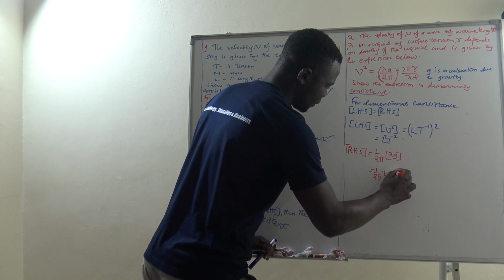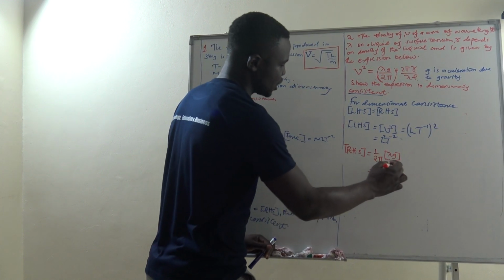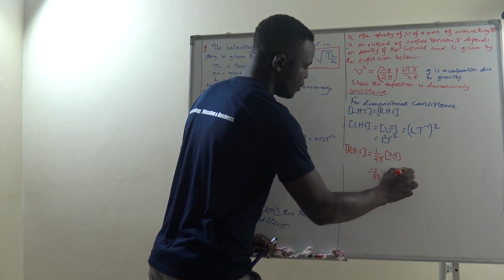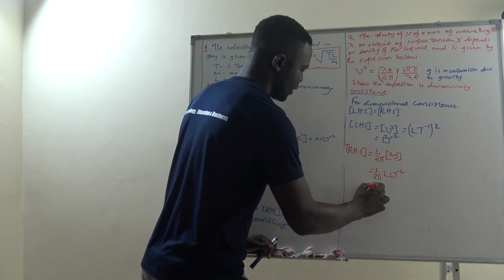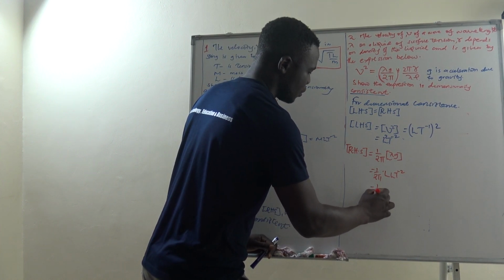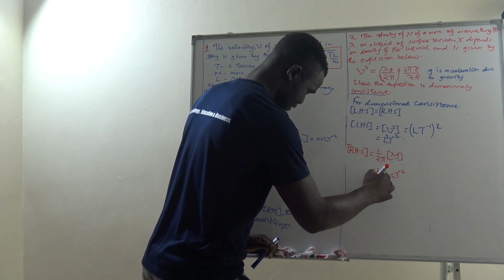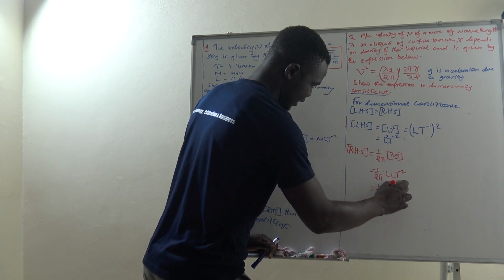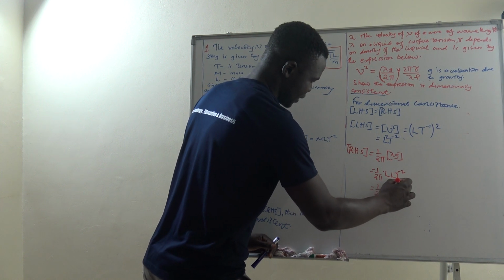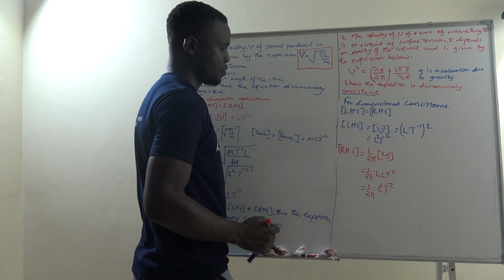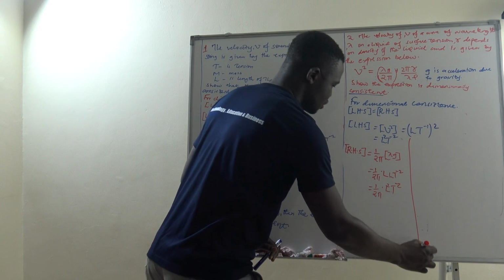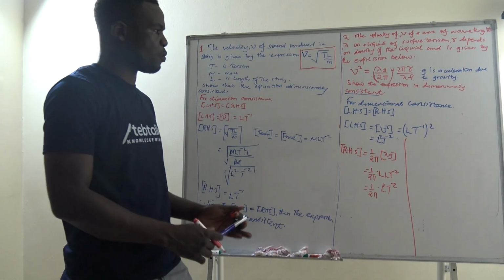So we found out that dimensions of acceleration were L per t squared, and the whole thing becomes 1 out of 2 pi times this is L times L, this is L squared, per t squared.